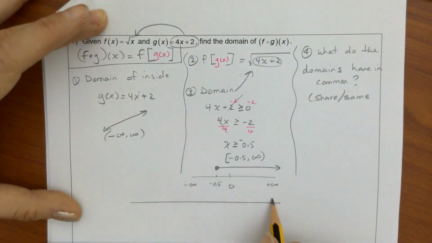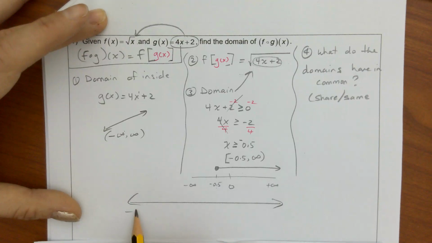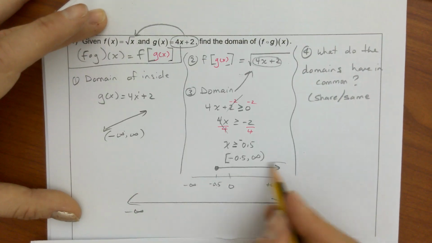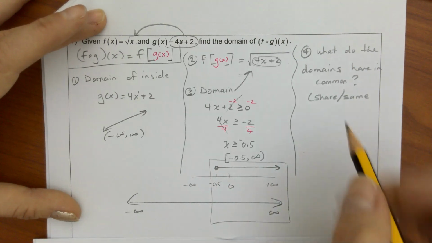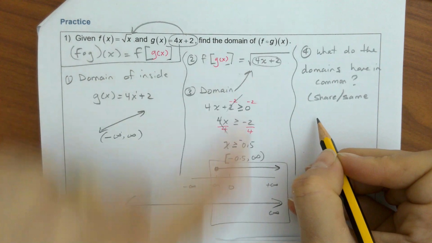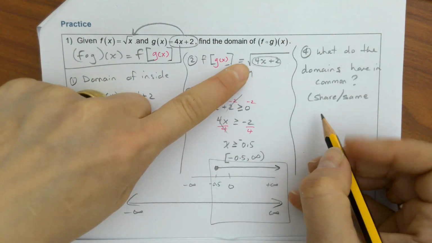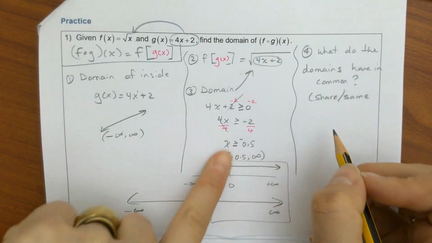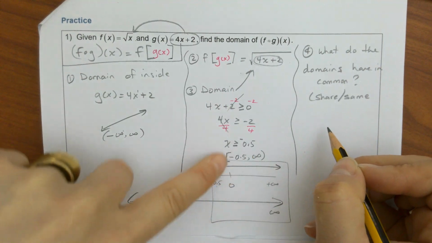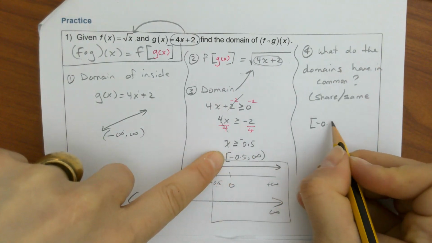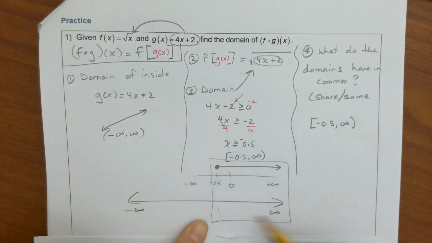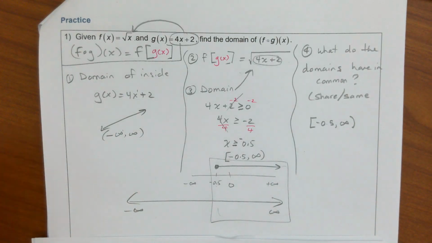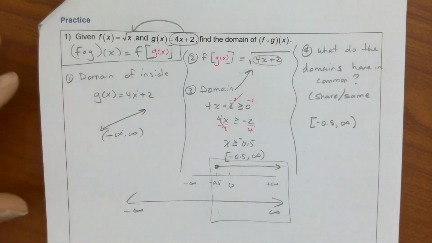If I do negative infinity to infinity, and I have this, well, they only have this part in common. So the domain for my new function that I've created, my composite function, is going to be the domain that they share, which is just this common part. Okay, so let's do the next question.